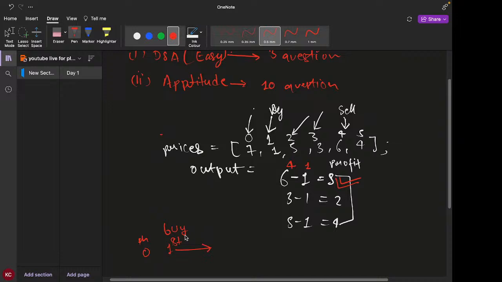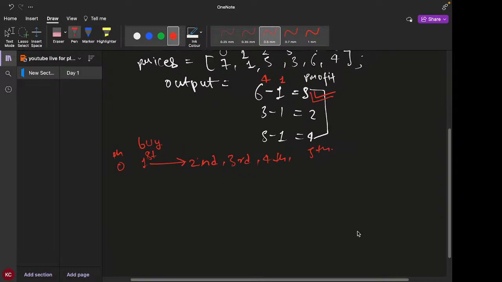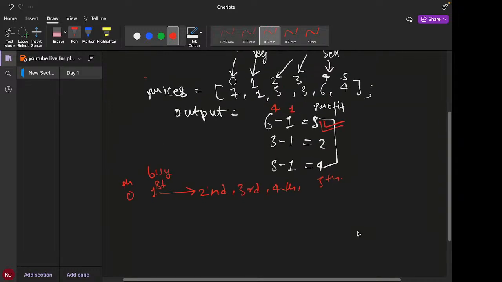Let's say if I buy on the first day, I can sell it on the second day, third day, 4th day, and 5th day. So then how can I solve it? Then there is a concept.